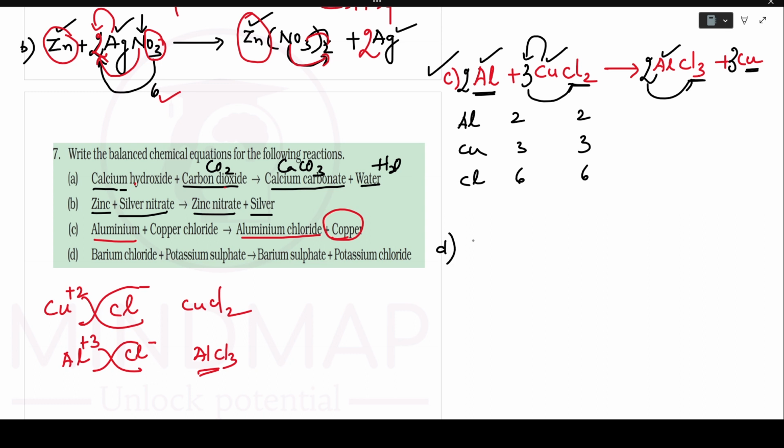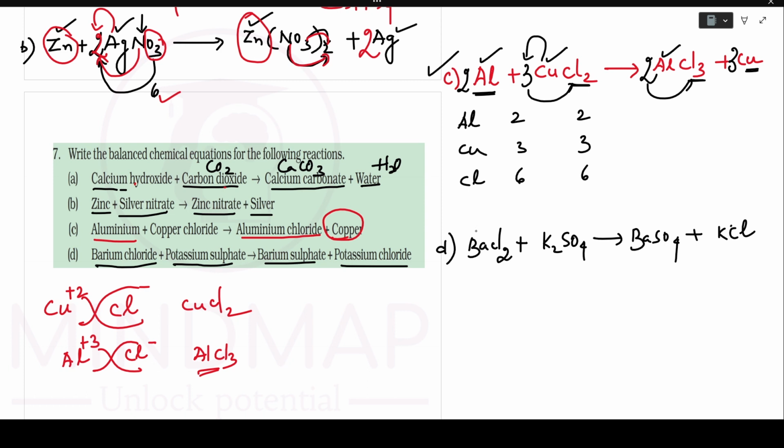Let's do the last one, D. It's barium chloride, BaCl2, plus potassium sulfate, K2SO4, forms barium sulfate, BaSO4, plus potassium chloride, KCl.